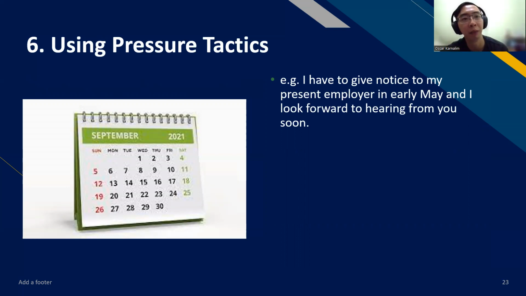Or you can change it a little by saying, okay, I'm applying and I expect to hear from you in 2 weeks or something like that. Or, could you give me a response in 2 weeks or something like that? But consider your position in that letter. So if you have a lot to bargain with, then it is possible to put more pressure. But if you don't have things to bargain with, then I think it is recommended not to use this kind of thing.